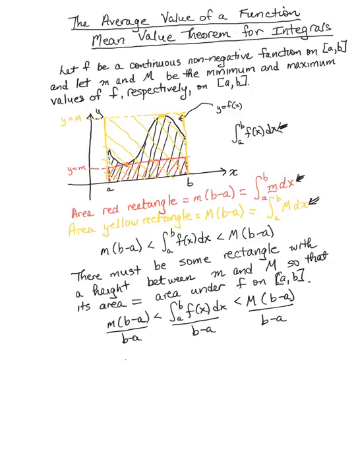We get that little m is less than 1 over b minus a times the definite integral from a to b of f of x dx, which is less than capital M. So this is the minimum y value. This is the maximum y value.